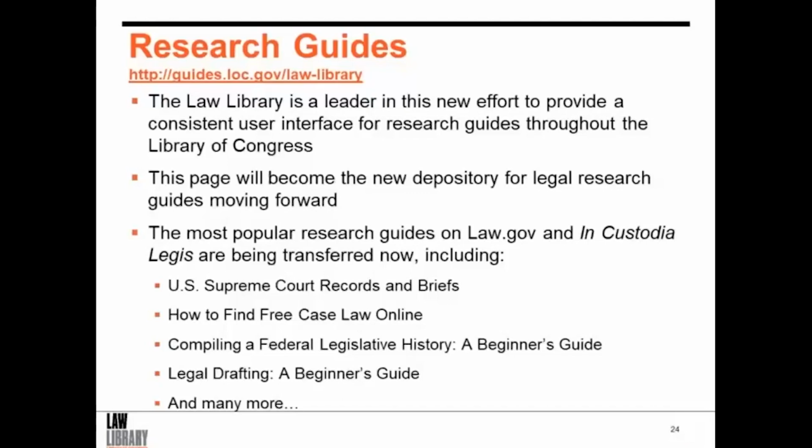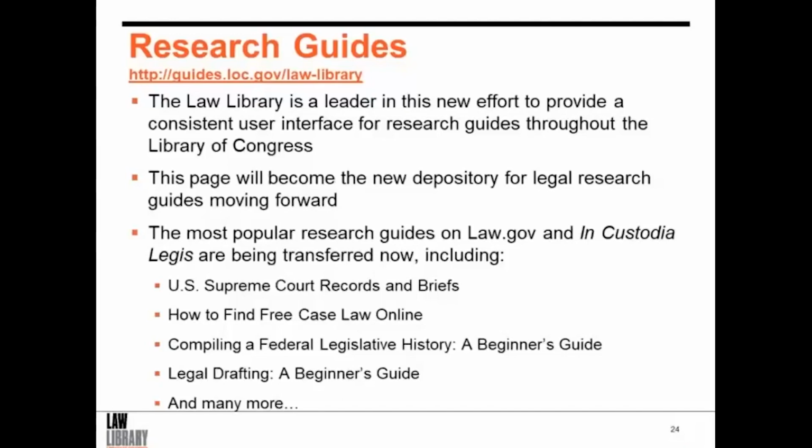Compiling a federal legislative history is always a helpful one and includes information about the different elements of a legislative history, including congressional committee reports, hearings, Congressional Record, bills, laws, and so forth. We also have a research guide on legal drafting, and we continue to add, I think on a monthly basis, if not more frequently. So we add research guides to the law library constantly.